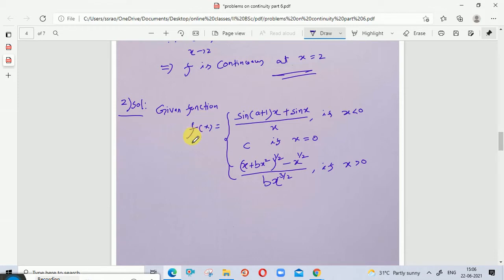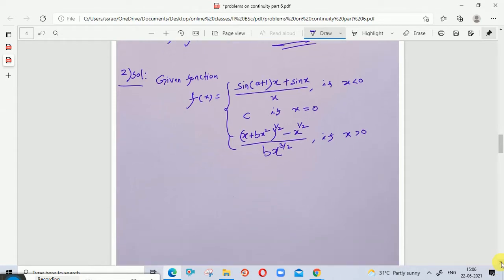Now, given that f is continuous at the point x equal to 0, the left limit, limit as x tends to 0 minus of f of x, is equal to the limit as x tends to 0 minus. x tends to 0 minus means x is less than 0.